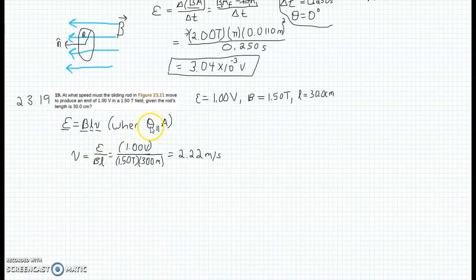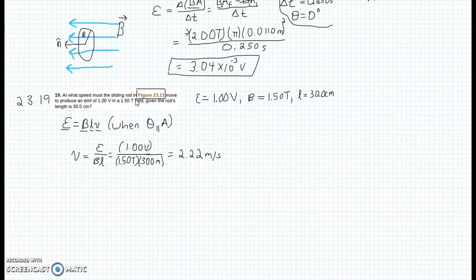And again, this is when the angle between the field and the normal of the area are parallel. Okay, I have a sine theta in there if they are not. All right, but in this case, if you actually go and look at figure 23.11, then you'll see that they are indeed parallel.